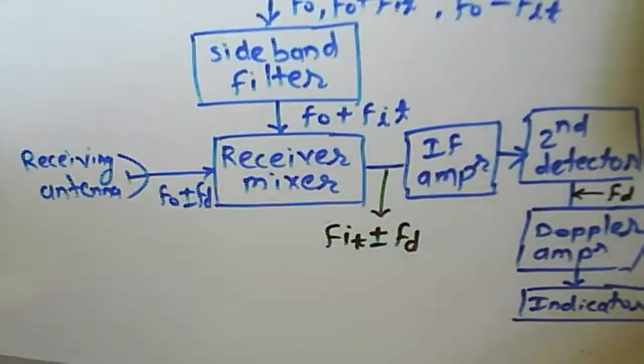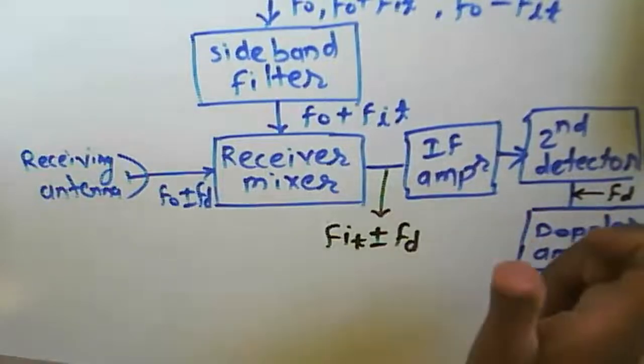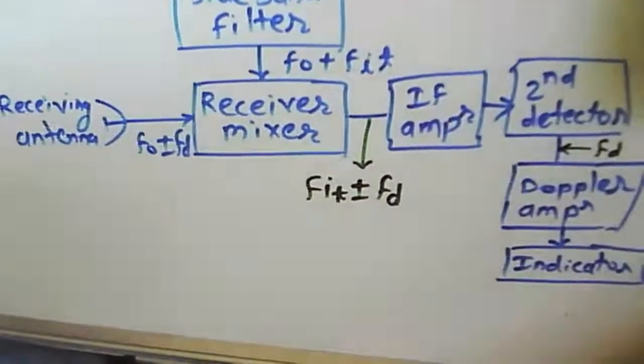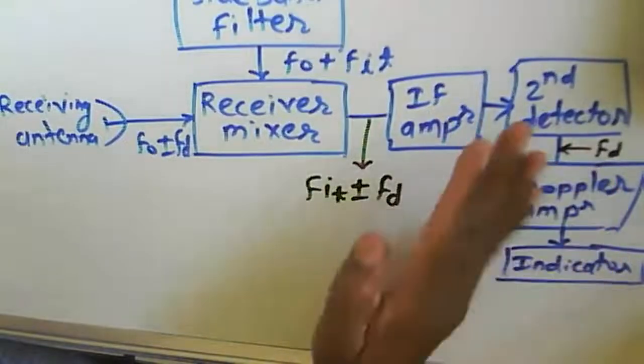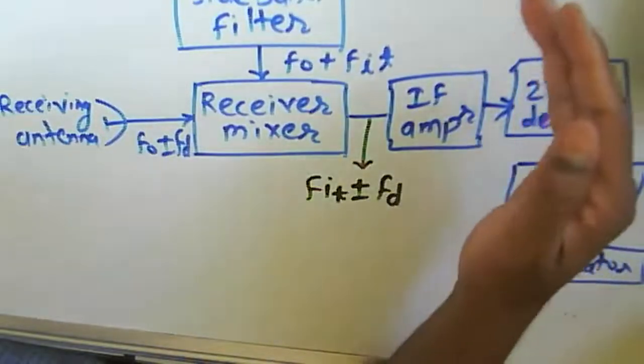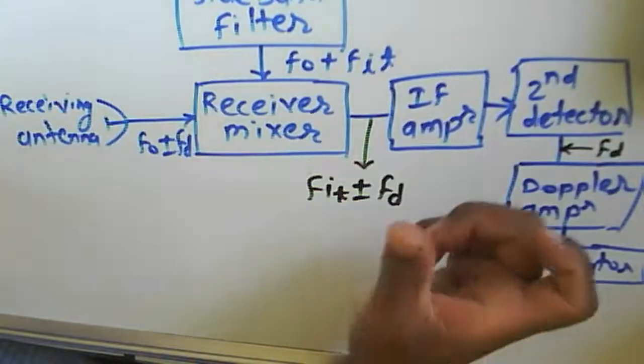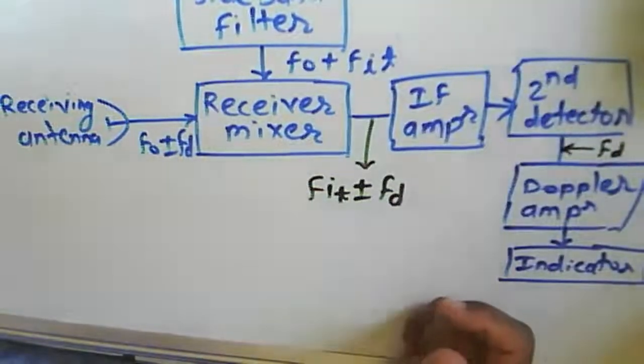We'll continue in the next lecture with the applications of CW radar and for what purpose this CW radar is to be used. So again, instead of a single filter after the detector, we consider that after the IF amplifier, we can use multiple filter banks so that they will identify exactly what the f_D will be within a particular range.